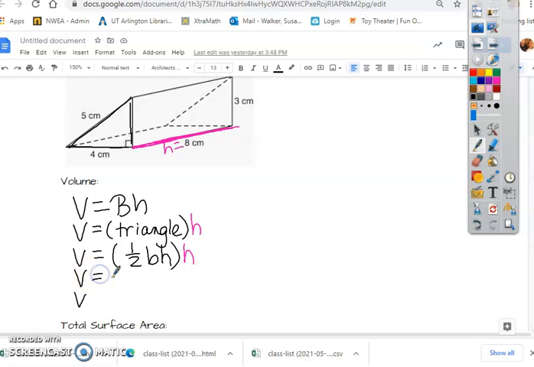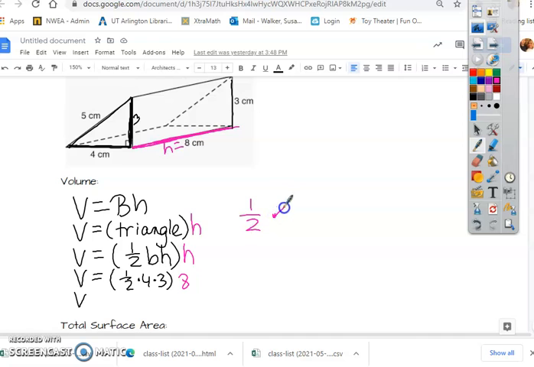So in here should only be the numbers for the triangle. Half, my triangle. Most of you are going to put 4 and 5. That's incorrect. 4 and 3. Half 4 times 3. And the prism height we now know is 8.